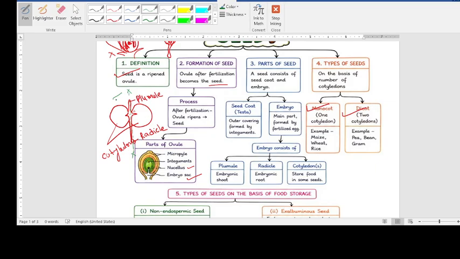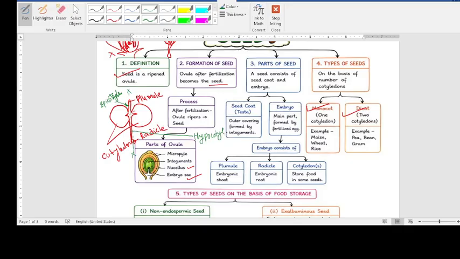Now the portion of the embryonal axis which is above the cotyledon is called epicotyl, whereas the portion of the embryonal axis which lies below the cotyledon is called hypocotyl. This is called hypocotyl.